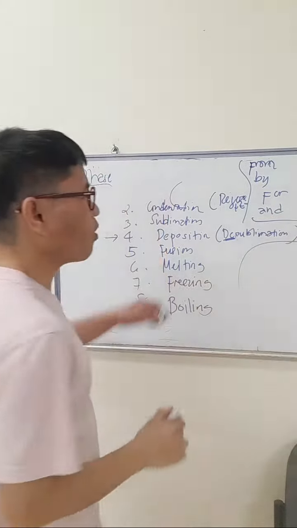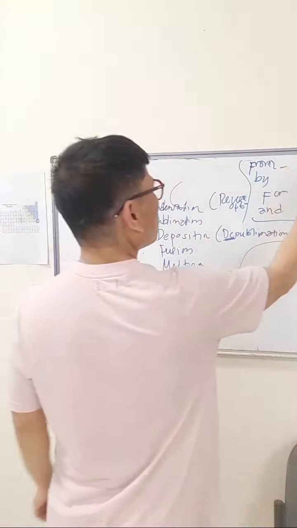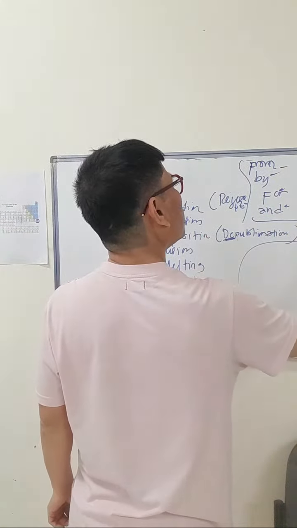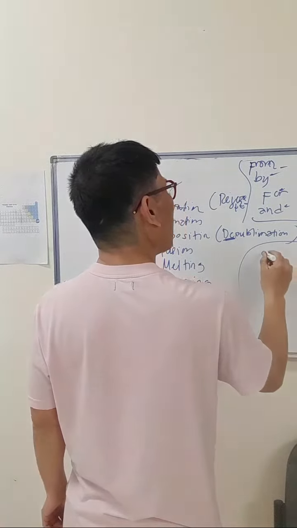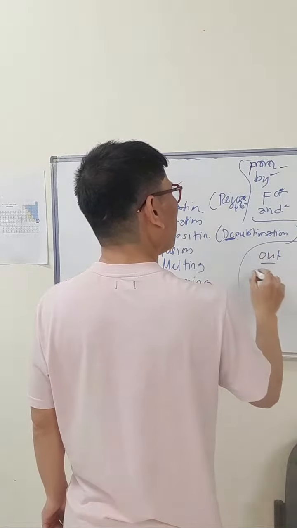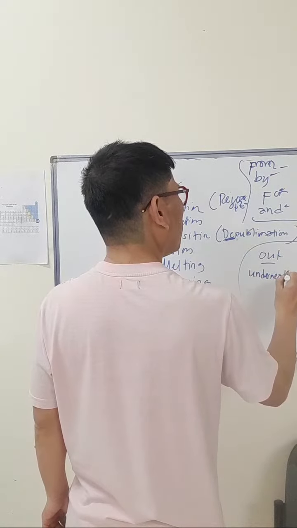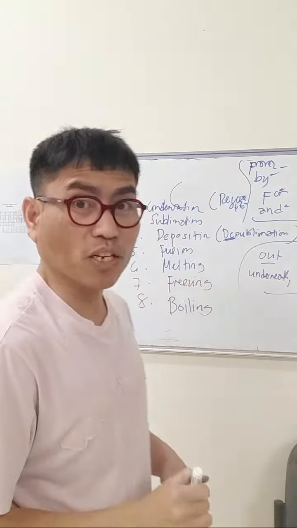You get the point? These are all prepositions and conjunctions. From, to, by, when, for, but, and, or, on, in, out, in, underneath, under. So those are the prepositions.